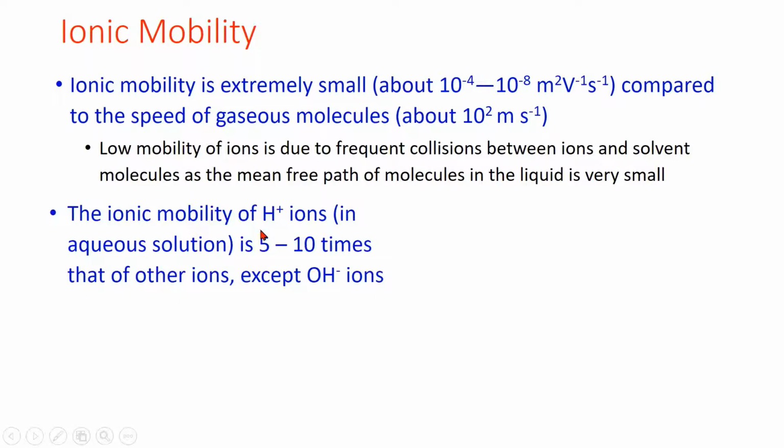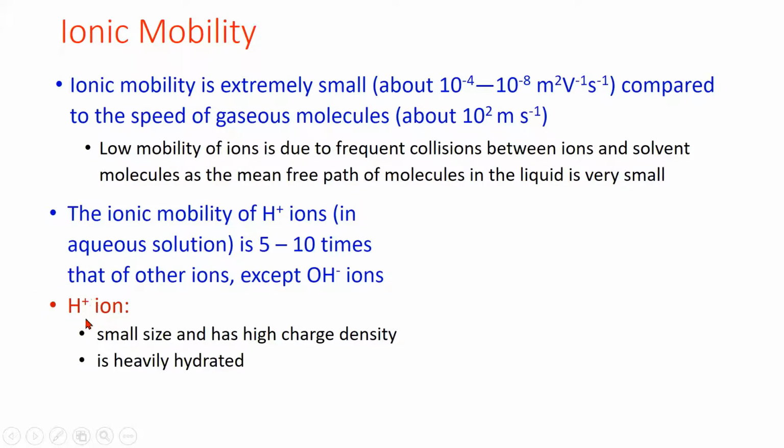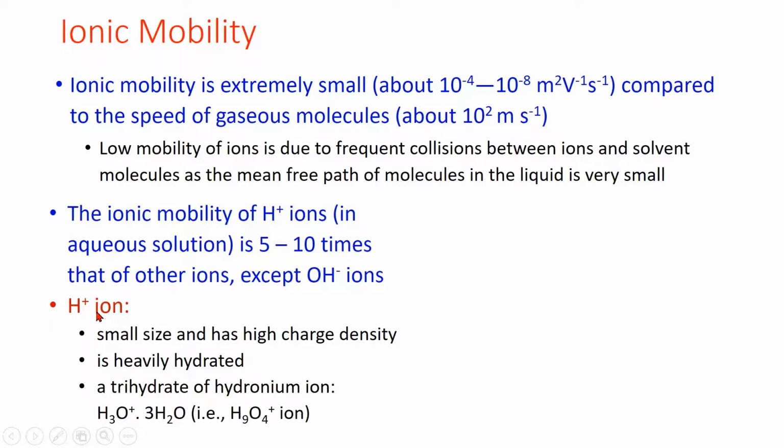Ionic mobility of proton in aqueous solutions is 5 to 10 times that of other ions except OH ions. If we see the proton, it is small in size and has a high charge density. It is heavily hydrated.